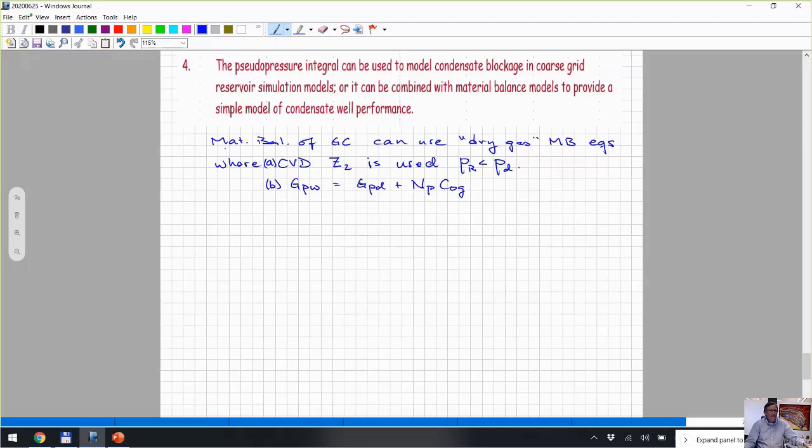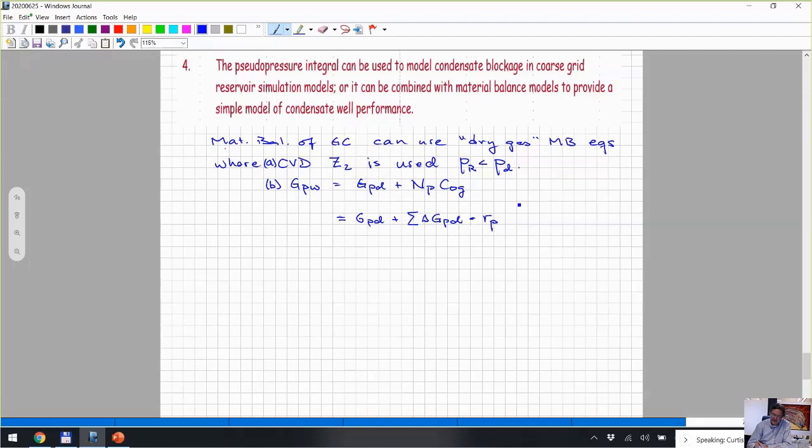Like fictitious, you convert it into fictitious gas. Yeah, I'm just assuming that the problem here is that this is GPD plus delta GPD times the producing CGR, right?